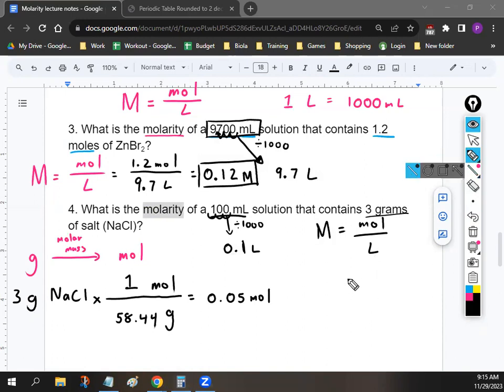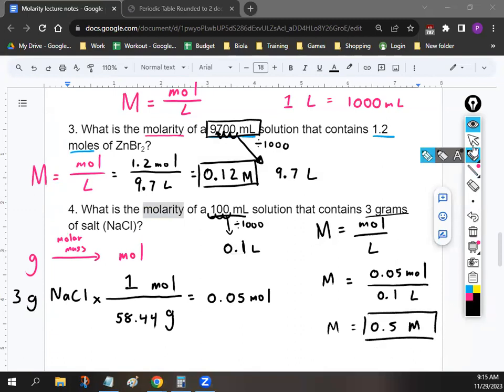All right, so for the top of the fraction, we need to put in moles. We got 0.05 moles for the top, and then we're going to divide that by 0.1 liters. So you just punch it into your calculator, and that should give you a final answer of 0.5 molarity.